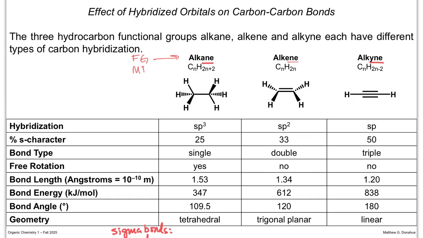This was the molecular formula. As we go from alkane to alkene, we're losing 2 hydrogens, and we defined that as a degree of unsaturation. So we lose another one. So the alkyne has 2 degrees of unsaturation.